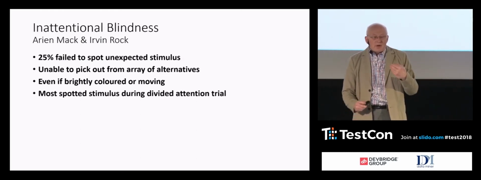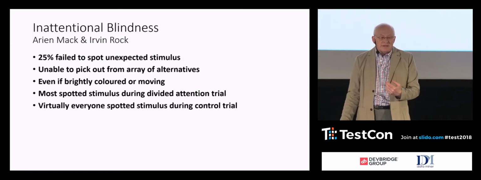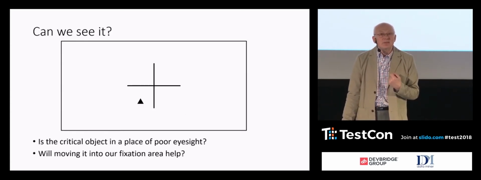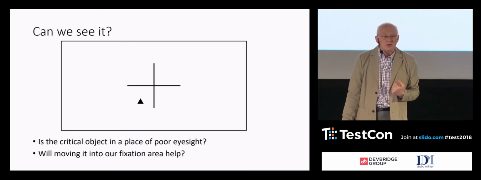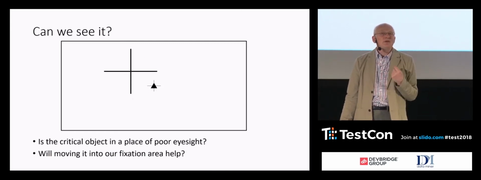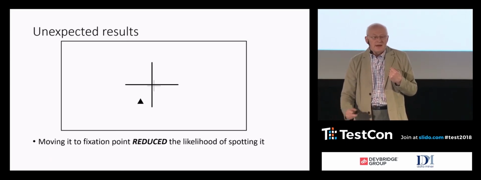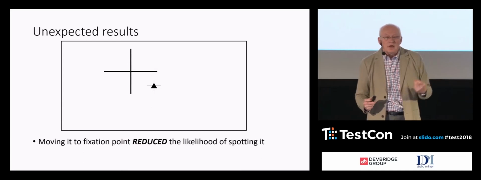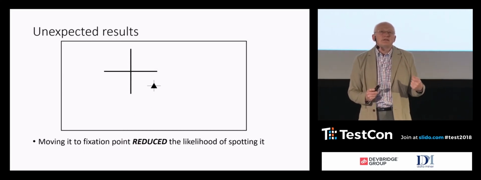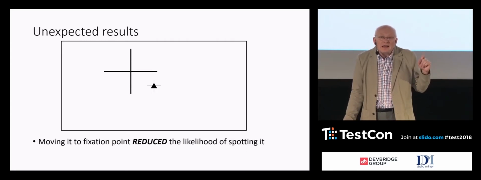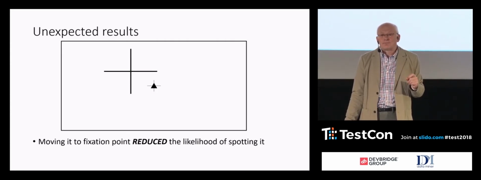So what they also wanted to do was work out, well, perhaps if we put the unexpected stimulus in the best part of watching it, perhaps we would see it there. So they move things around like this. But what they actually found very unexpectedly was moving the unexpected object to the best part of your optics there, right in the centre, a place called the fovea, actually reduced the chance of seeing it.